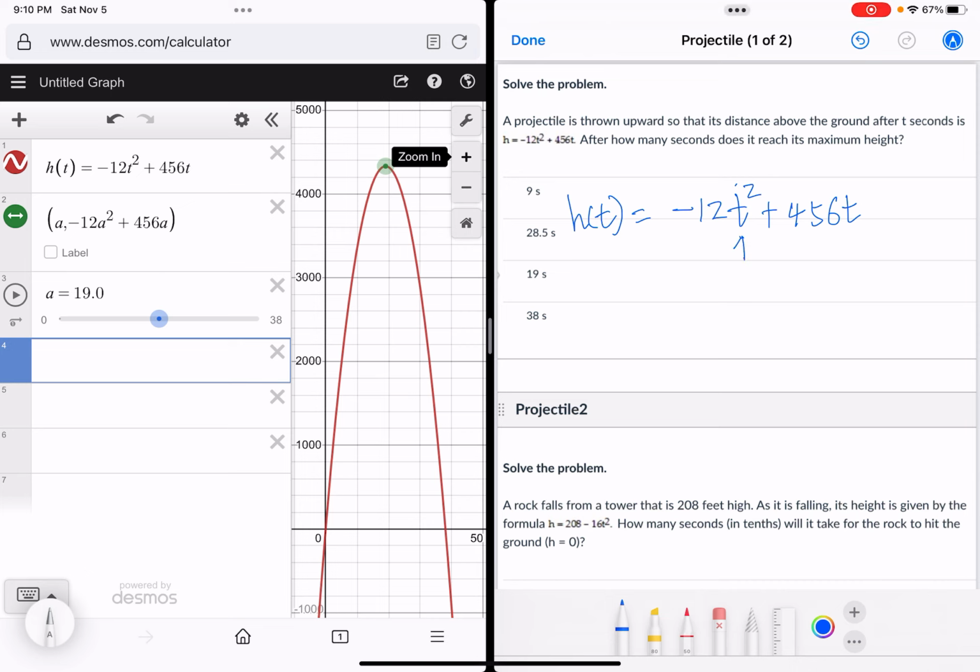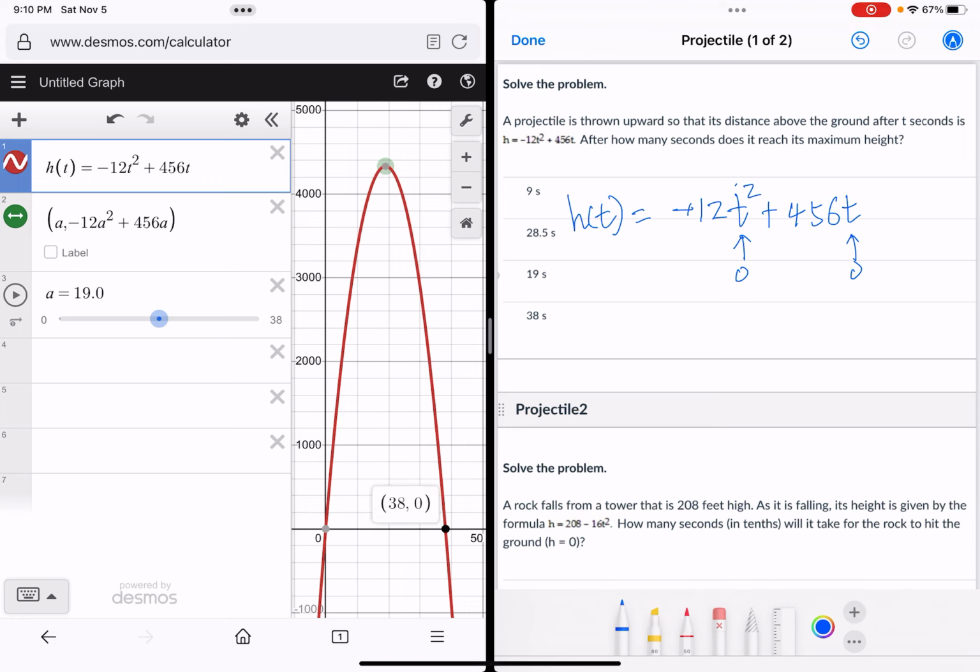When t is 0, 12 times 0 squared is 0, so this one is 0, and 456 times 0 is 0. So this tells us the height is 0 here. So you set the height to be 0.